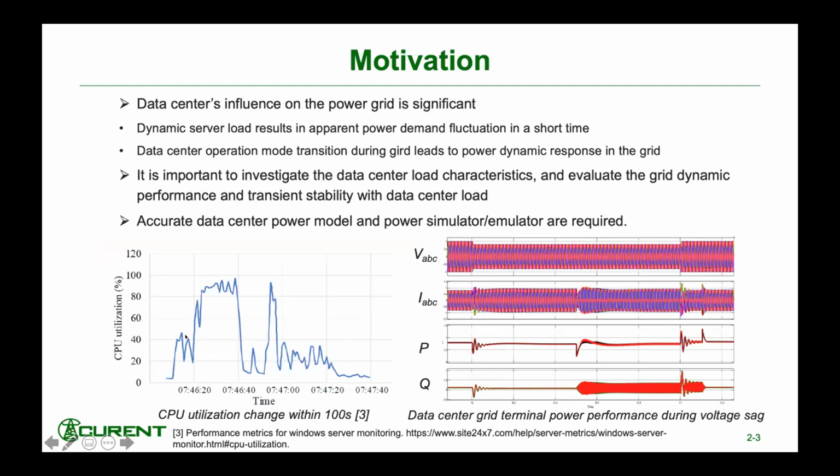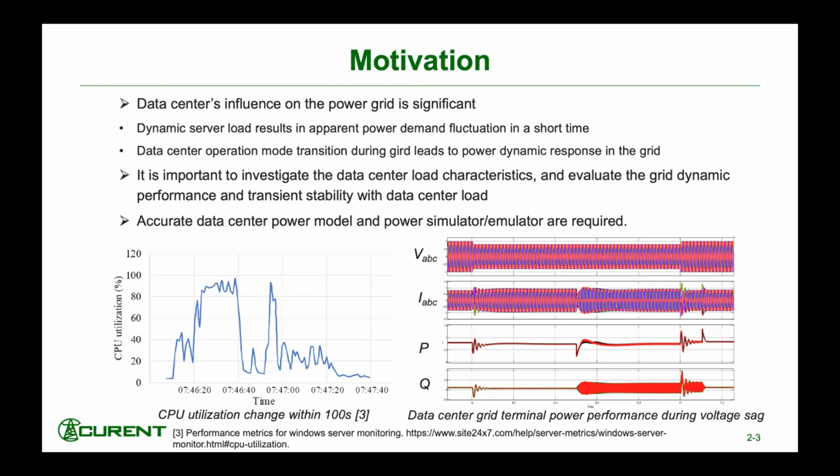On one side, the server load of the data center has a dynamic profile, which may result in apparent power demand fluctuation in a short time. On the other hand, during large disturbances or contingencies like the voltage sag event, the data center system will change its operation mode to ensure stable power is transferred to the server load.